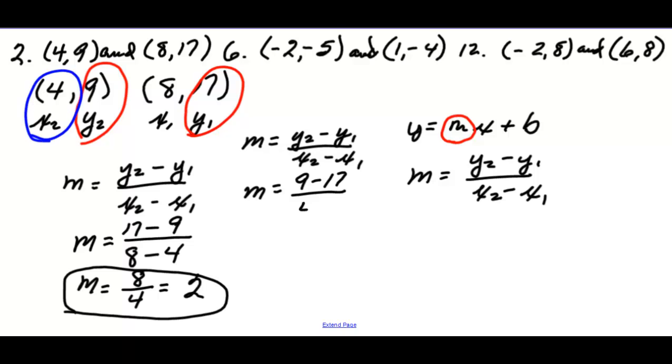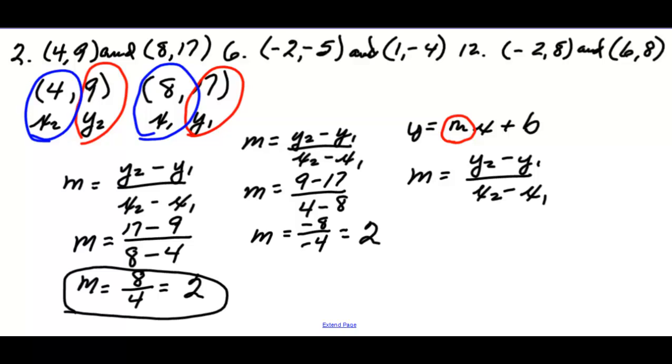So we put 4 minus the other x, or the x1, which is right here, and that's 8. Now m equals 9 minus 17 gives us a negative 8, and 4 minus 8 gives us a negative 4. But now, if we divide negative 8 by negative 4, we get 2.